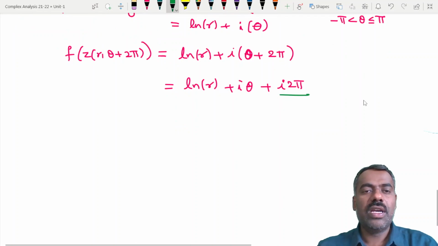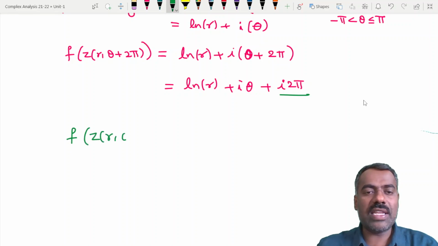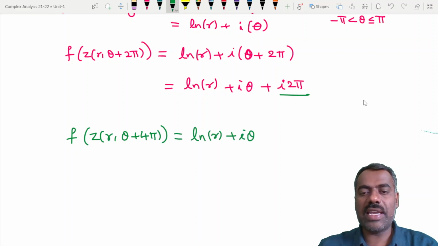Right? So even if you take f of the next one, that means z of r theta plus 4 pi, what we will get is the same as whatever you have here plus i times 4 pi. Yes or no?